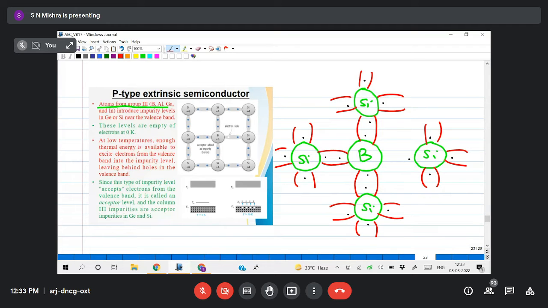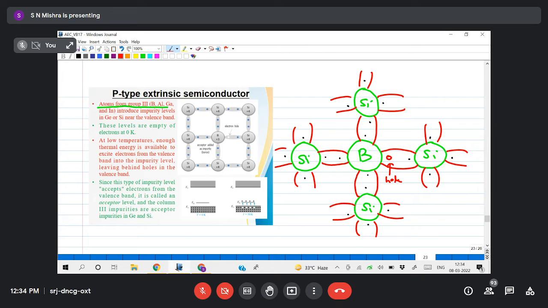Now these 3 bonds are completely formed, but this bond is not complete. That means to create this bond we require another electron here which is not present, or I can say a vacancy is created here. So this is your hole, and all these are bound electrons.